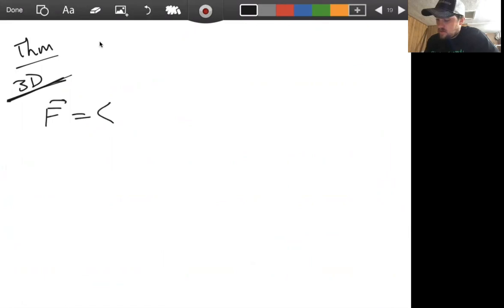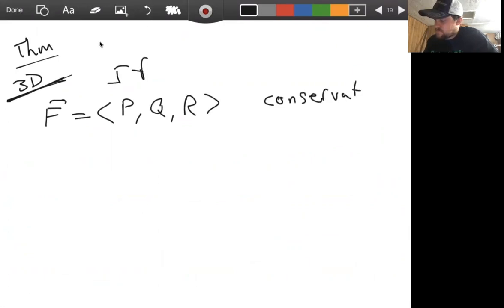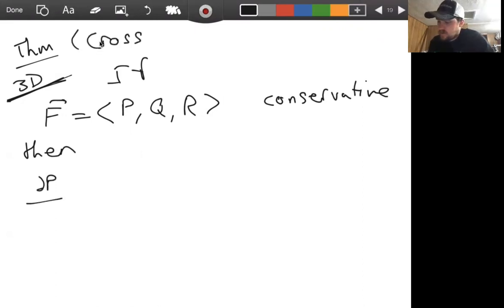And so let me state the 3D case as well, because it's different for the 3D case. This is the 3D case. If F is, let's call it PQR, if this is conservative, then we have the cross partials property.